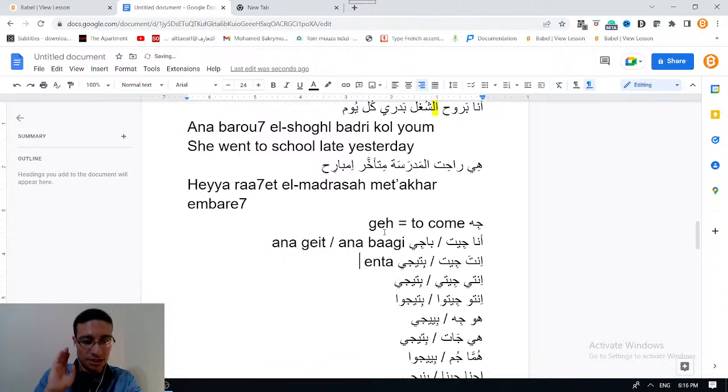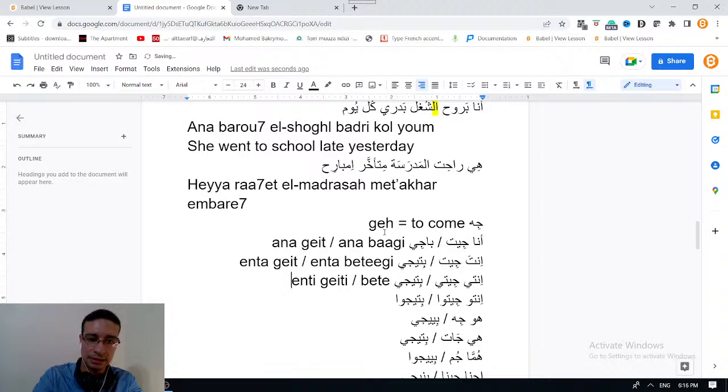أنت, in the past tense, it's like أنا, same conjugation. So it's أنت gate, you, masculine if you're talking to a man. أو أنت in the present tense بتيجي. And then inti, the feminine, انتي جيتي. انتي بتيجي.